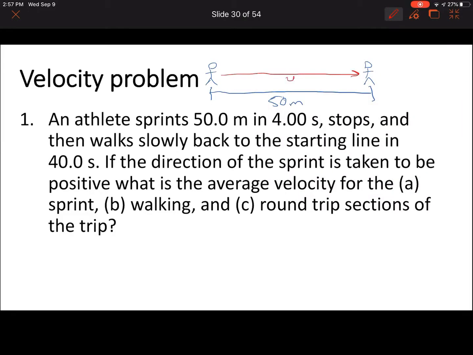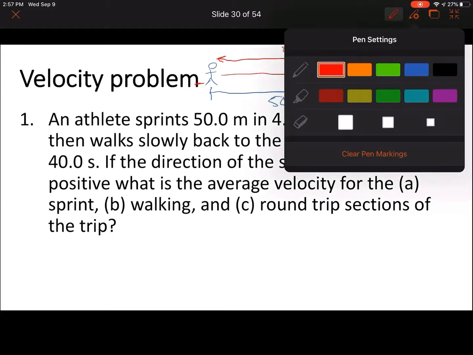And then my nice red goes here, and this takes 4 seconds. Well, then they walk back to where they had started, and that takes 40 seconds. The direction of the sprint is taken to be positive, so I'm going to say this is positive and this way is negative. I want to know the velocity of the sprint, walking, and round trip sections.